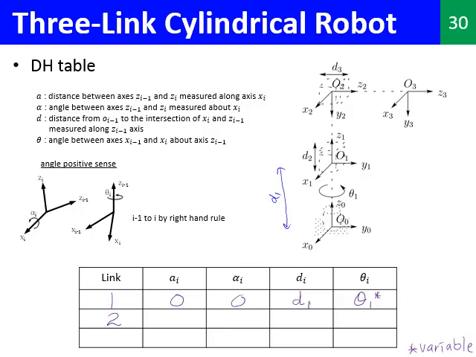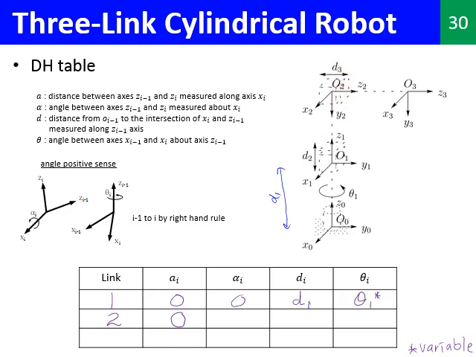So A2 is the distance between Z1 and Z2. So you can see here Z1 and Z2 are intersecting. Therefore, the distance between those two is 0. Next we have alpha 2. So alpha is the angle between Z1 and Z2 measured about x2. So we have x2 here and Z1 there, and this is Z2.